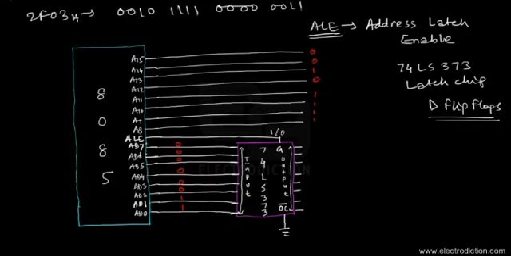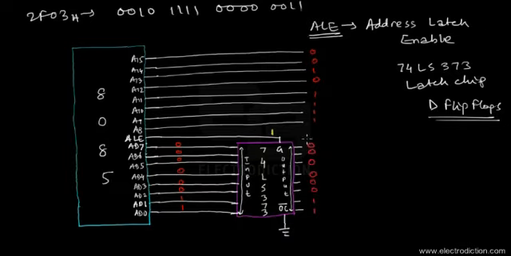What happens is that the ALE pin is set to a logic 1 voltage level, and at that moment the latch is enabled, and the data available on the lower order address bus appears on the output of the latch chip also. There you go.